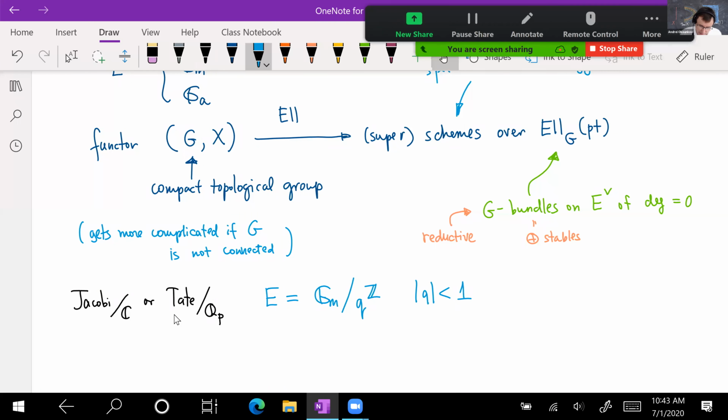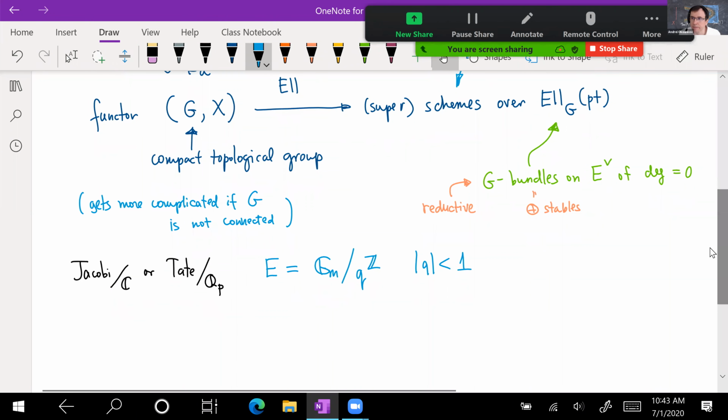Not every curve is of this form, but over C, every curve is of this form.